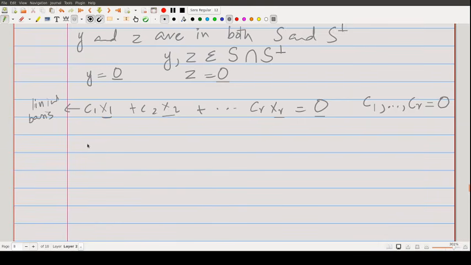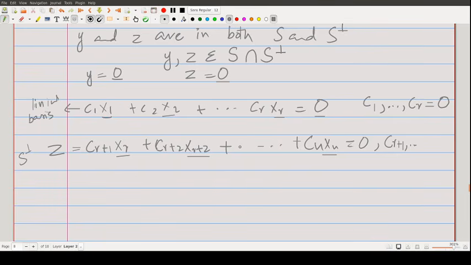And similarly, if we take cr plus 1 xr plus 1 plus dot dot dot plus cn xn, which was basically z, since these vectors also formed a basis for S complement, then I am assured that cr plus 1 dot dot dot cn are also equal to 0.